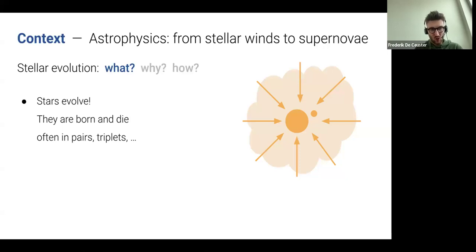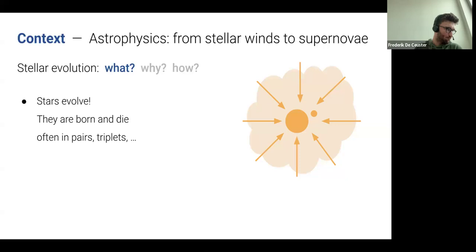One important thing to note is that these stars very often are not born alone. They often grow in pairs, triplets, or even quadruples, which is something we always kind of realized, but only quite recently are we really realizing how important this is for the evolution of the life of a star.